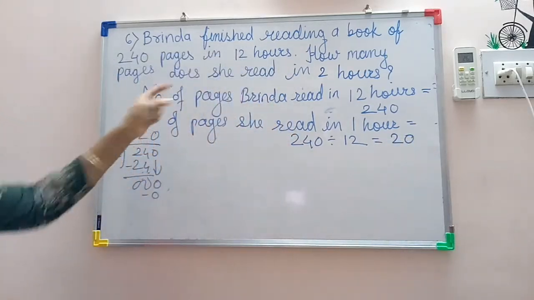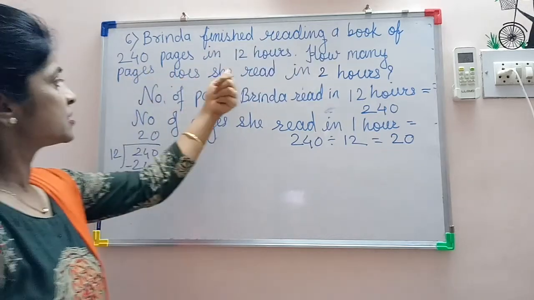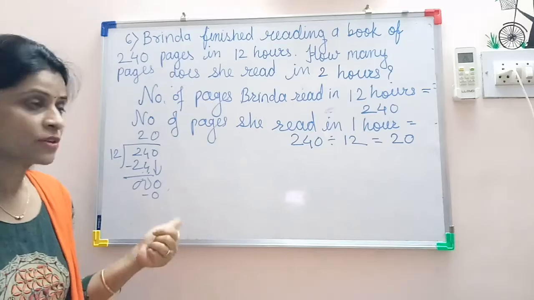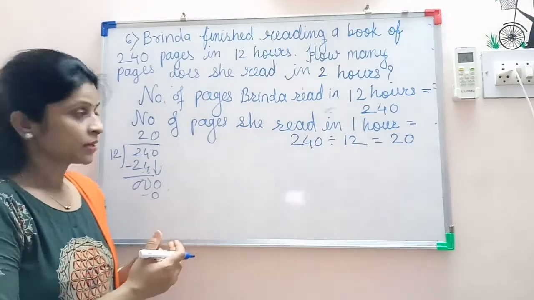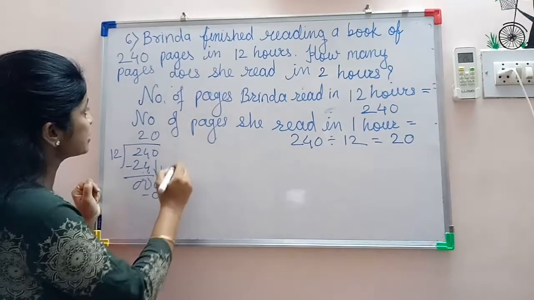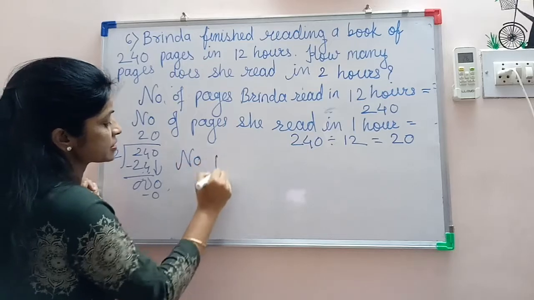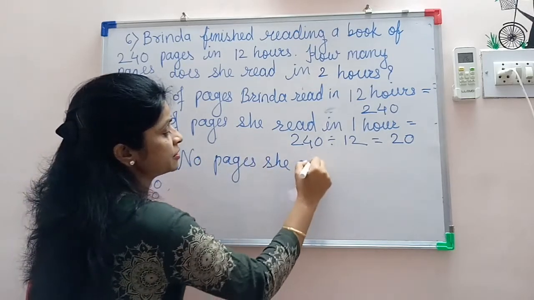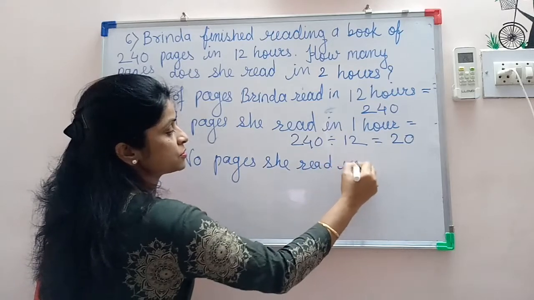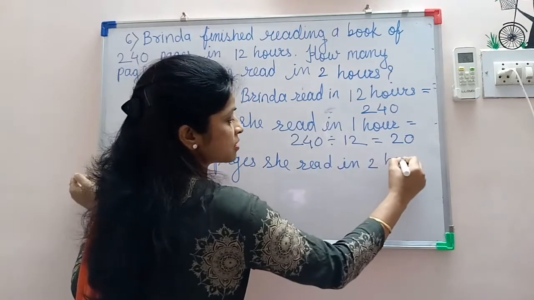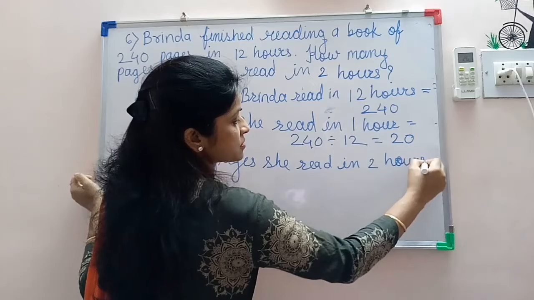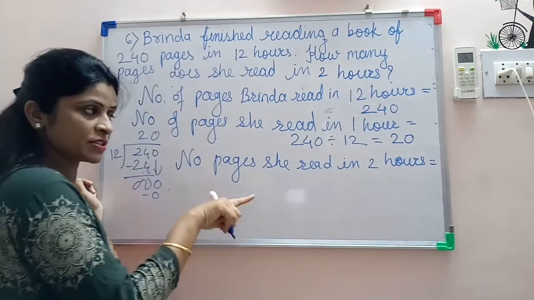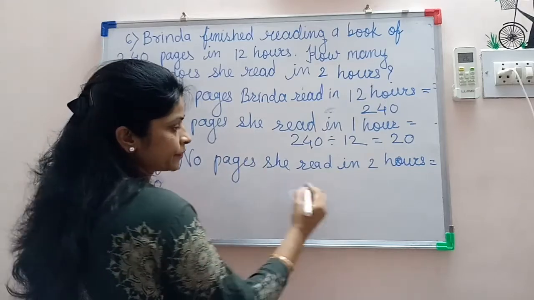Now what is asked? How many pages does she read in 2 hours? Now the second step, you have to multiply it. Now for that, number of pages she read in 2 hours is equal to, how much pages she read in 1 hour?